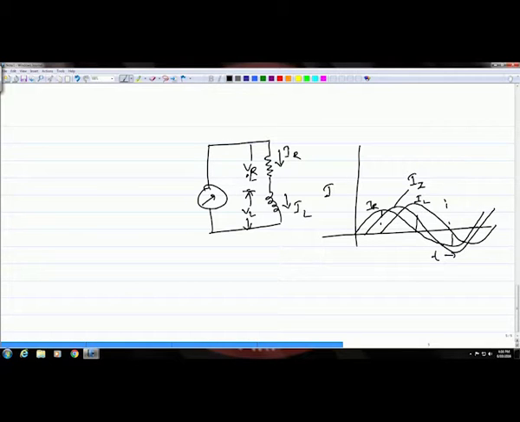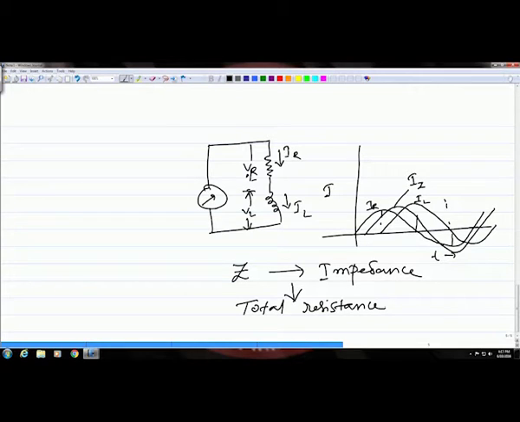This total current we will call I z. Here we are being introduced to a parameter Z, which is known as impedance, and this represents the total resistance to the flow of current in a circuit where you have both resistance and inductance components.